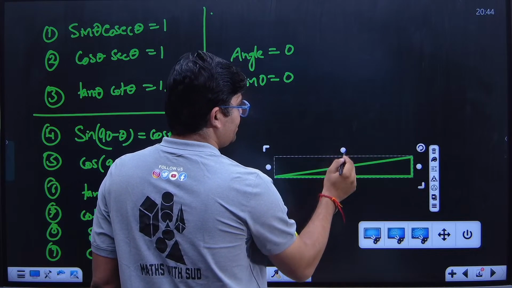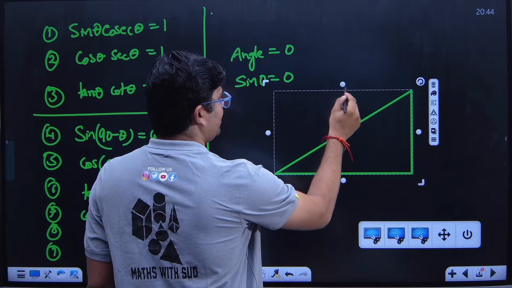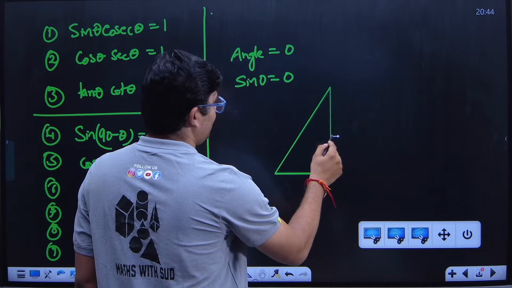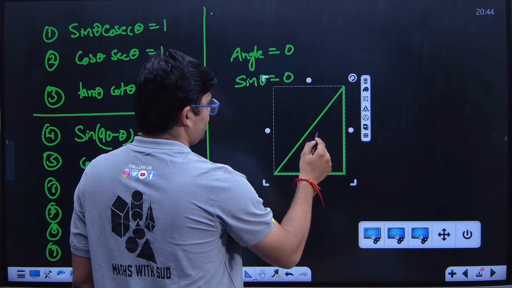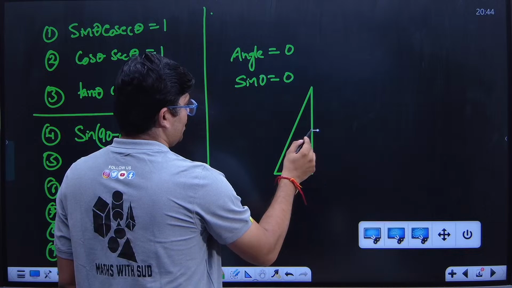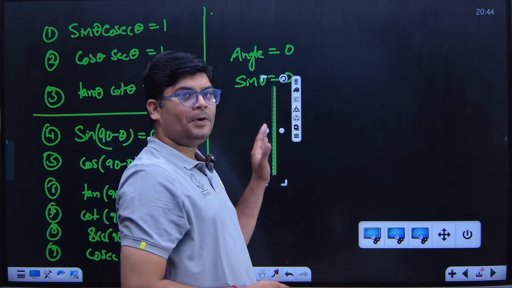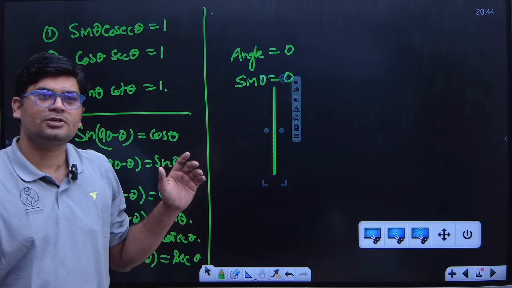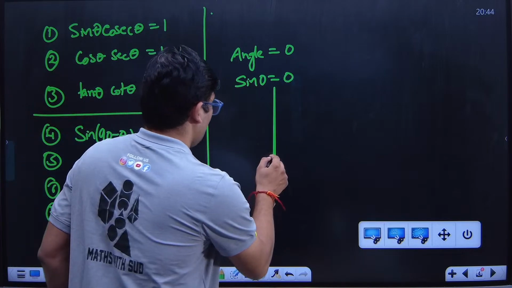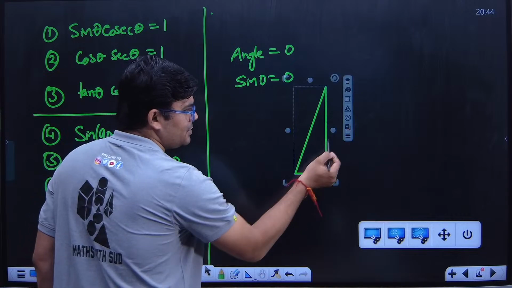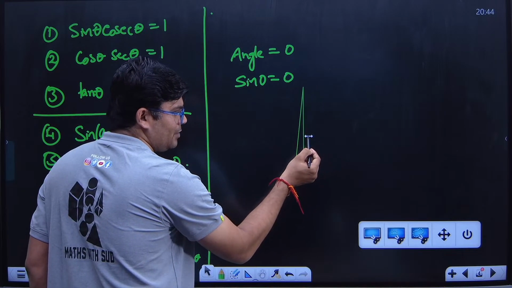Now if I keep on increasing the angle, at a certain point the perpendicular and hypotenuse will merge. See, when I am increasing the angle, the base is reducing.